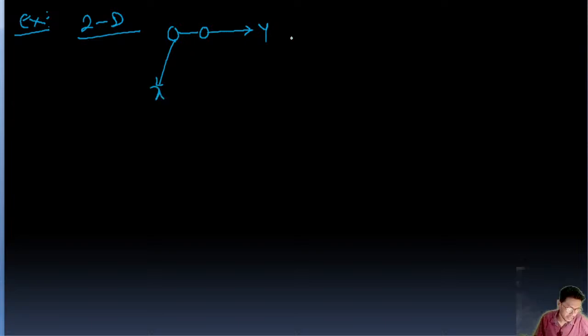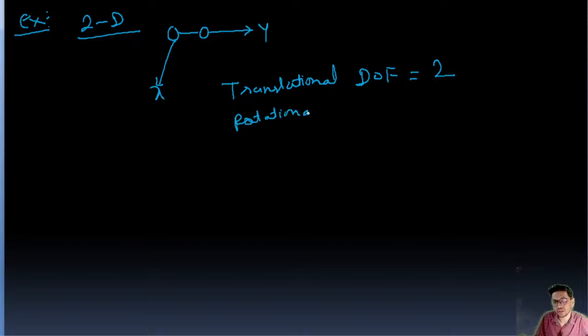For that, the translational DOF is going to be 2, and the rotational DOF is going to be 1, because we have restricted it to only 2D, right?